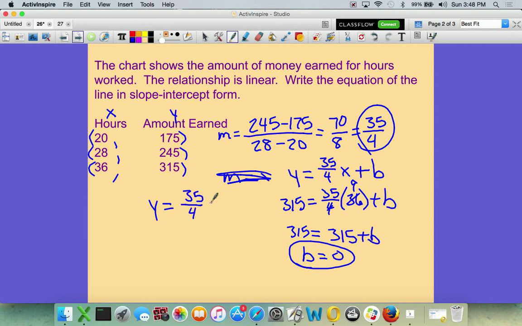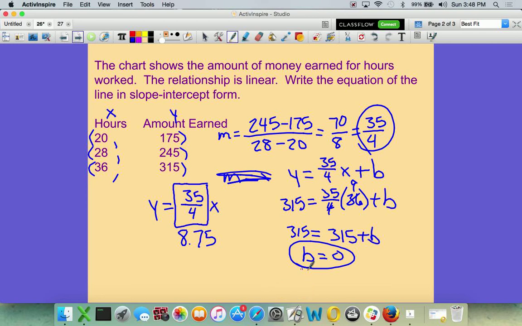35/4 x. What this stands for is how much money you make. So if this were you, that would be how much money you make per hour, which if you simplify this down, turns into $8.75 an hour. And this b here, we didn't have one in here, but could you have one in a paycheck?